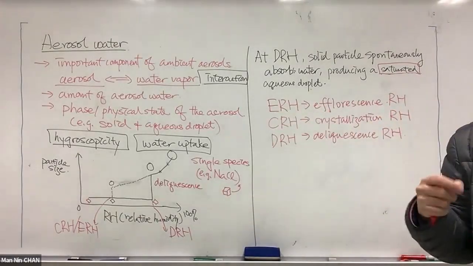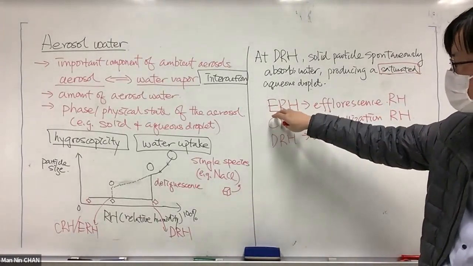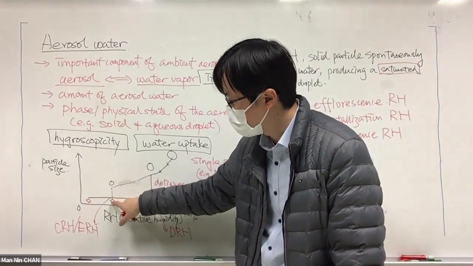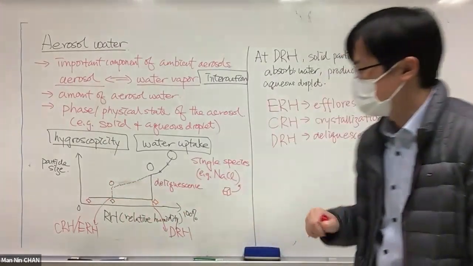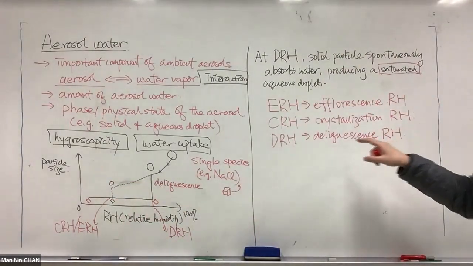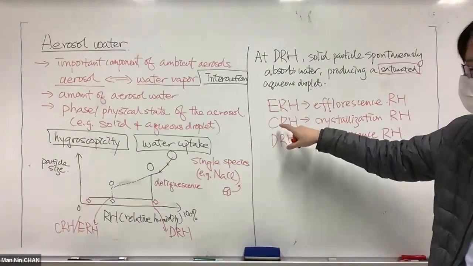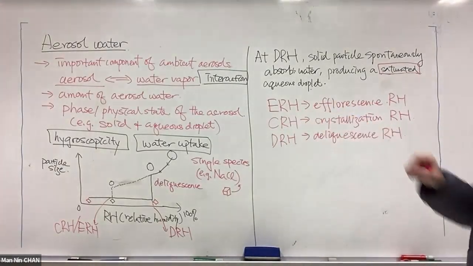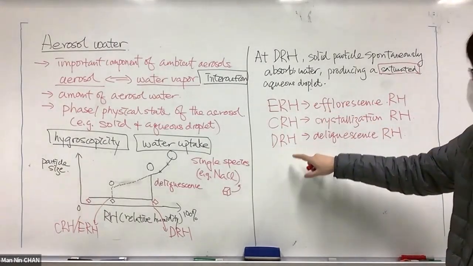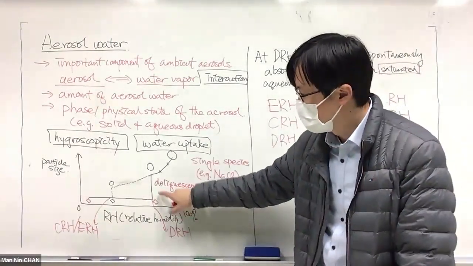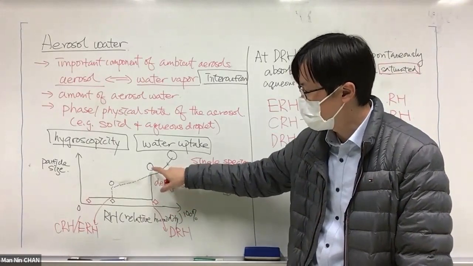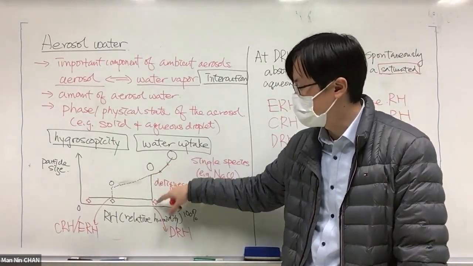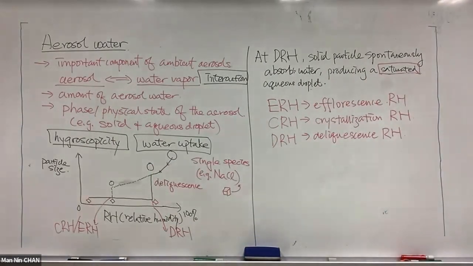Usually in aerosol science, we use the efflorescence RH. It basically means that you have a droplet and then you become a solid. Sometimes people also call this the crystallization RH, but most of the time we use this term. And deliquescence means that you have a solid particle and you become an aqueous droplet, a saturated solution aqueous droplet.